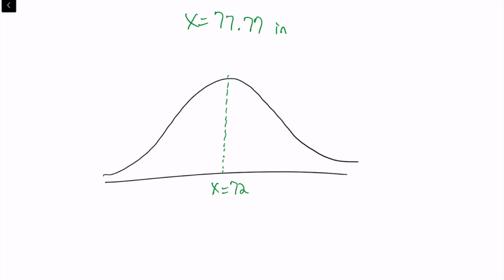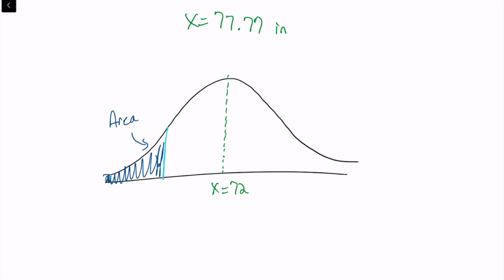But now, if I want the cutoff for the lower 20%, that means I'm over on the left side. Let's say somewhere here. Okay? And that means that my area to the left of that, that I'm shading in here, is 20%.